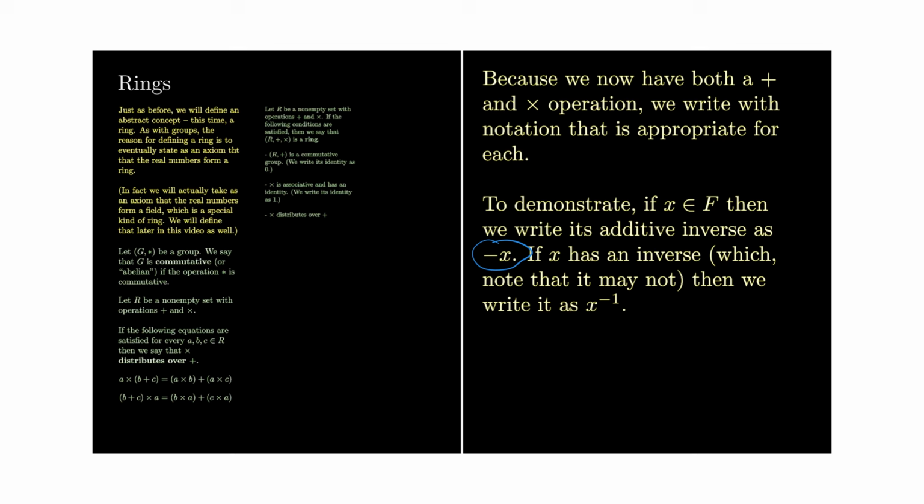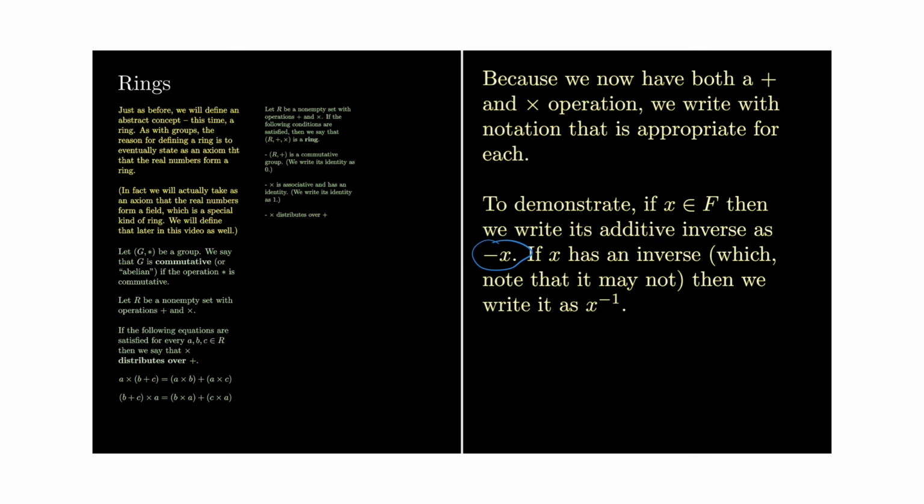And so to write the inverse of an element for a group, we would write it with the superscript -1. We're not going to do that when we're talking about a ring. Instead, we'll use the -x, right? That's the notation that is evocative of how plus is typically written.